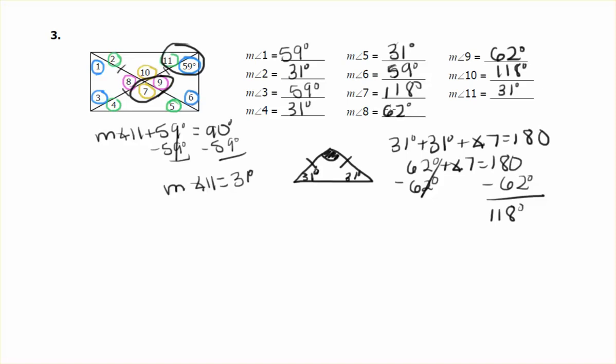So this problem involved a lot of different things. We had to remember our alternate interior angles. We had to remember that in an isosceles triangle, since the sides are equal, those opposite angles are also equal. We had to remember supplementary angles.